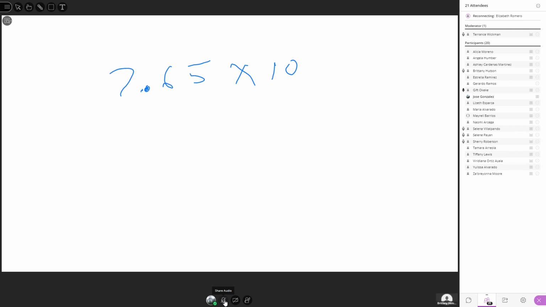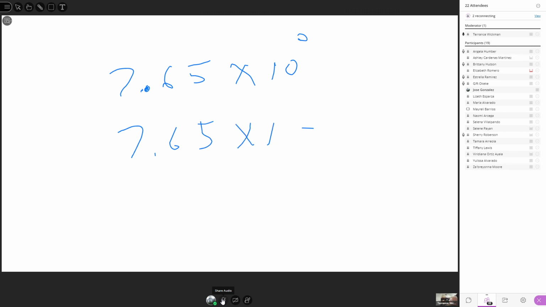We didn't move it at all. So where is that? 0. Exactly. And anything to the 0 power is what? 1. So this is 7.65 times 1, and you would be 100% right.